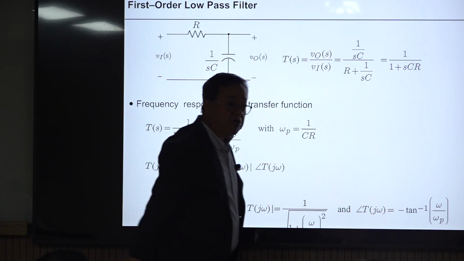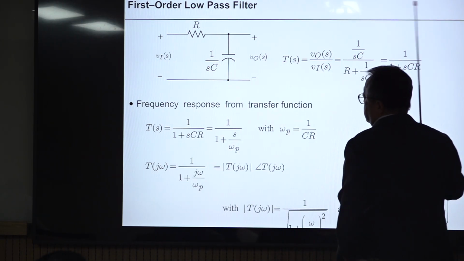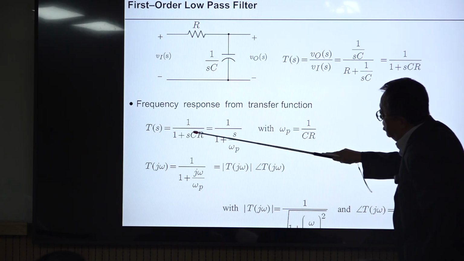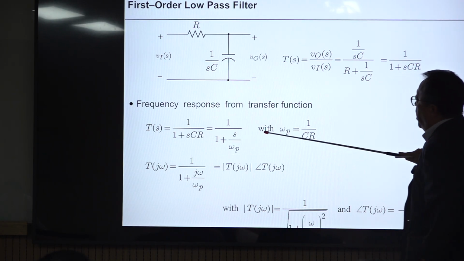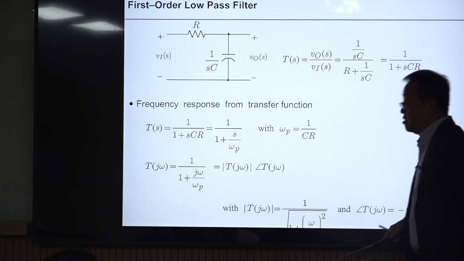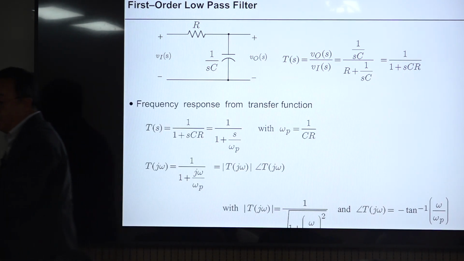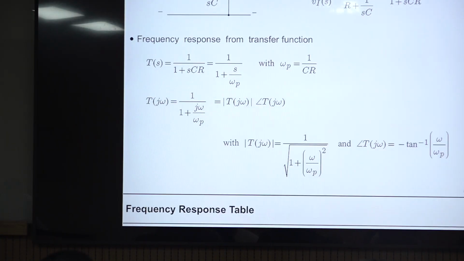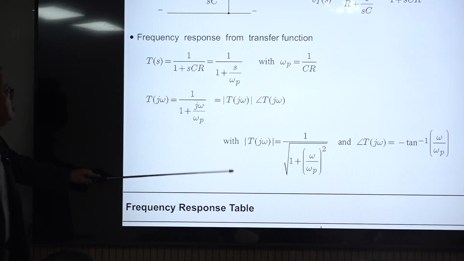This is called the frequency response form, and this is written in this manner. This 1 over CR is defined as the pole frequency omega_p given by this. This is a standard thing. Then the transfer function is simplified to this, and you evaluate the magnitude of this using this complex variable.